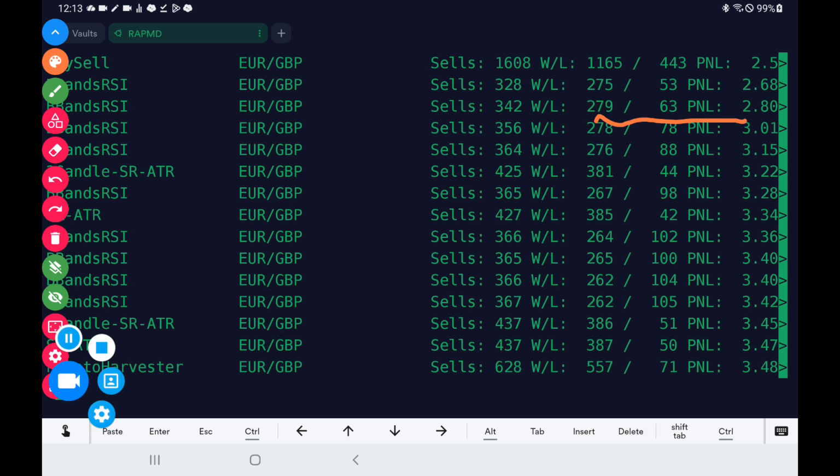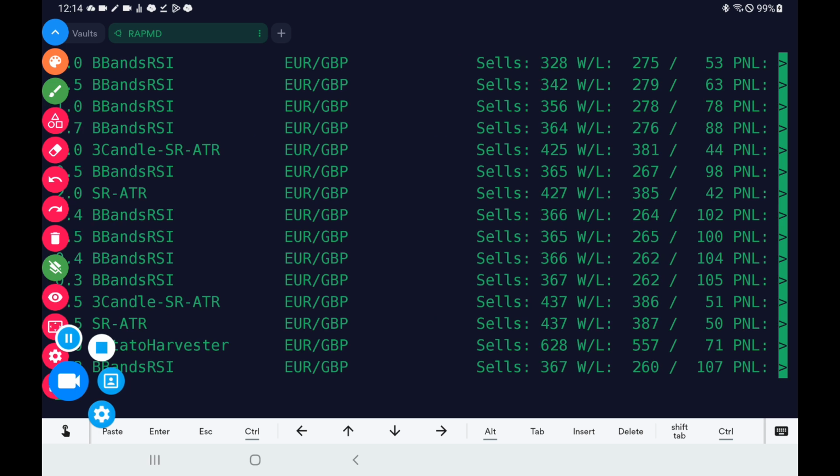And the Bollinger Bands RSI technique is something that is almost universal. So it's well respected and traded by many people. And yet we can see it does very well. So as we continue, we can see a 3-candle support ATR and a simple support ATR.